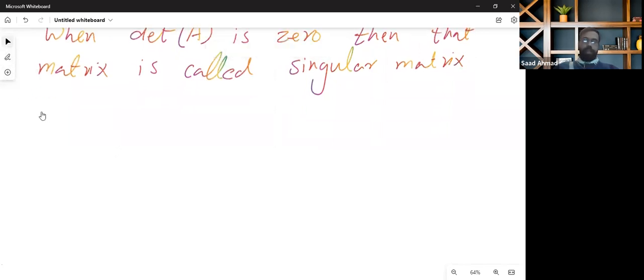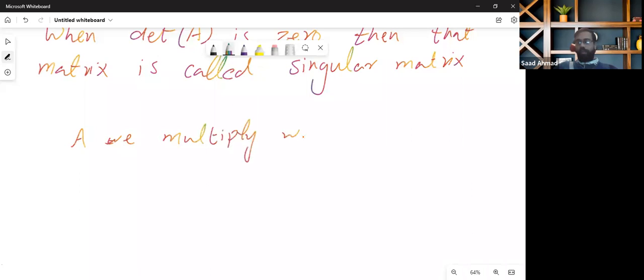Let's say there is a matrix A. We can multiply it with a scalar number. Let's say we multiply it with 2. Then it will become 2A, like that.